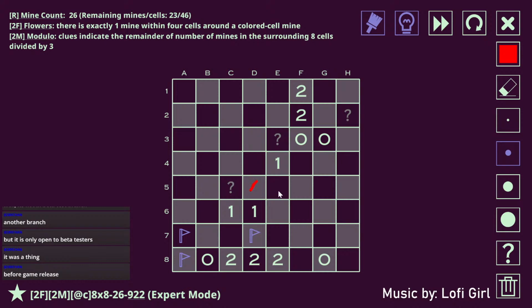If this is empty, and these are both mines, and these are both mines, which makes these empty, and that's a mine. These are both empty. Yeah, that's fine, right?